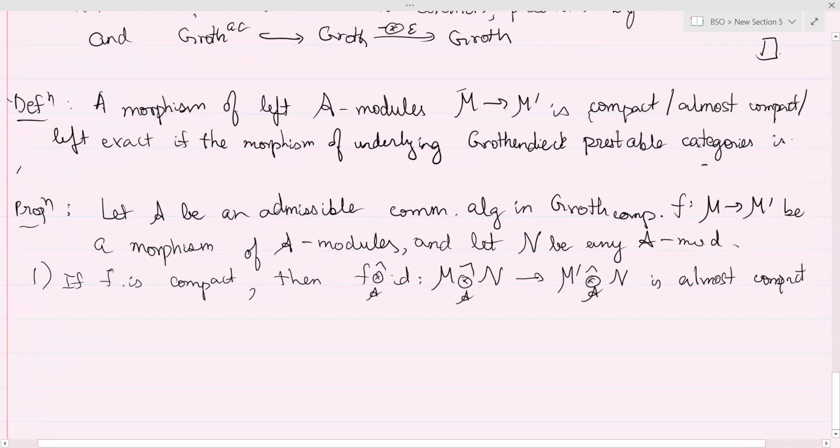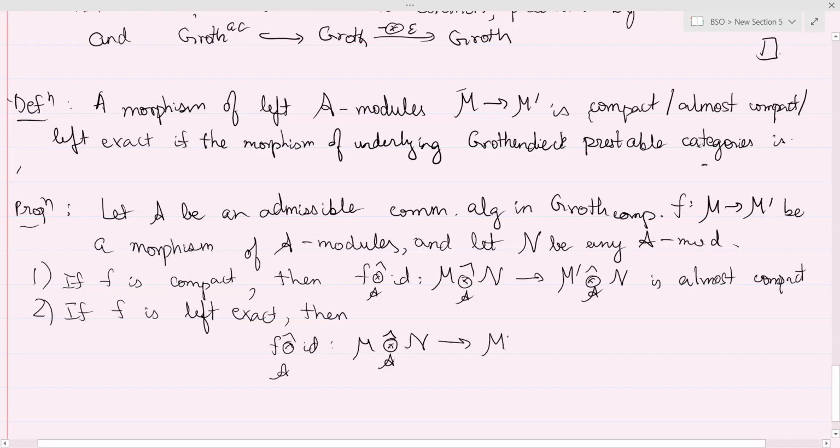And secondly, if F is left exact, then F tensor identity is left exact.